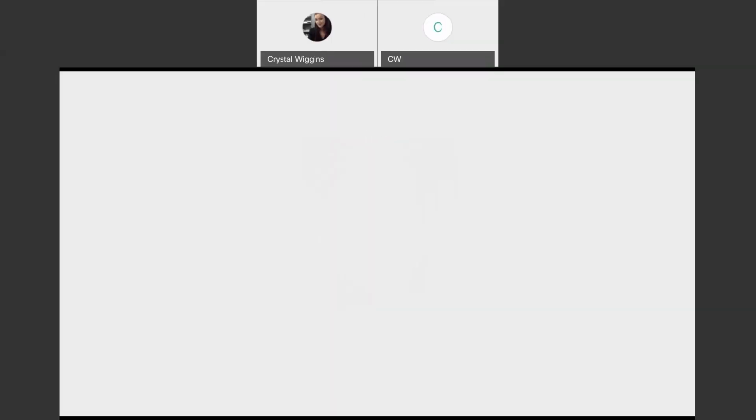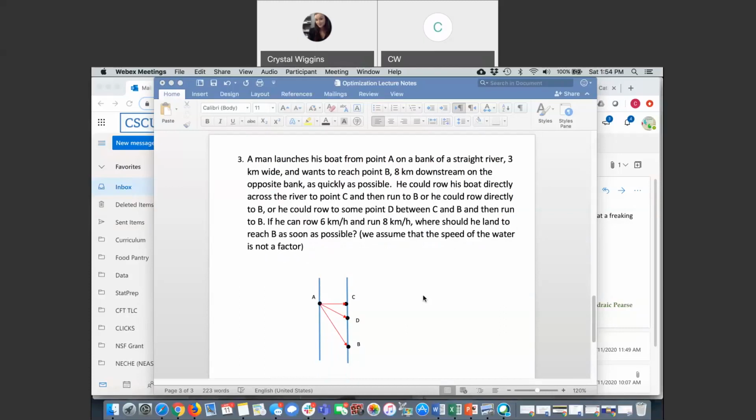So our last example is: a man launches his boat from point A on a bank of a straight river 3 kilometers wide and wants to reach point B 8 kilometers downstream on the opposite bank as quickly as possible.